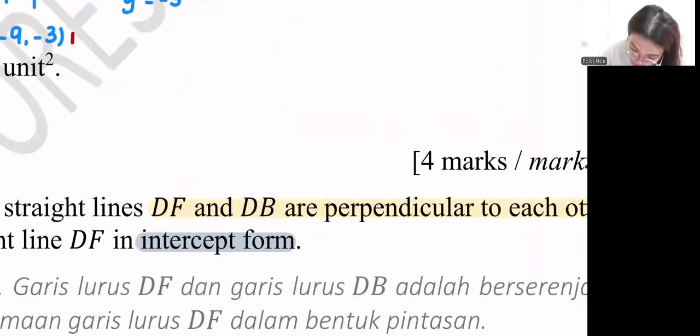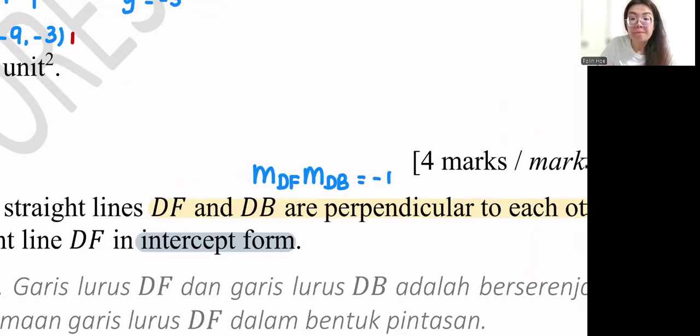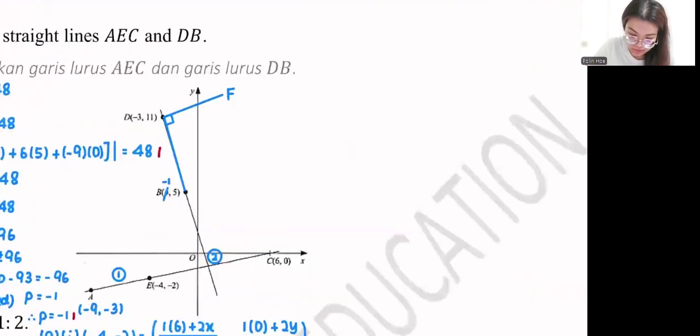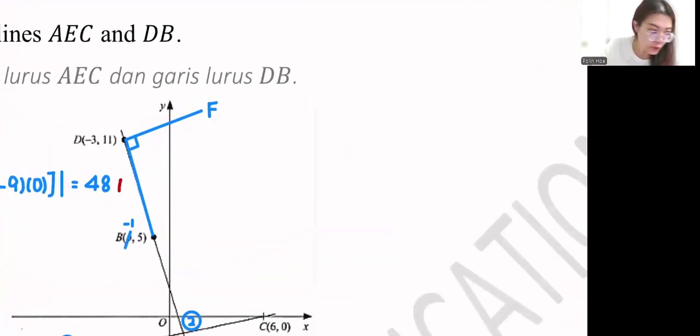On top of it, please write gradient of DF multiplied by gradient of DB is equals to -1. 不要想那么多，Let's go for gradient DB.